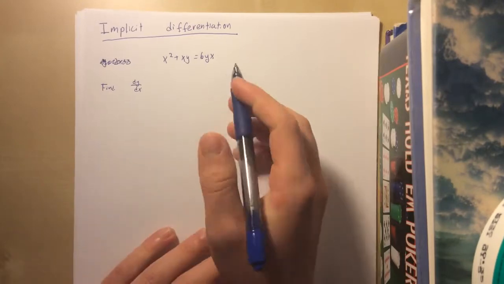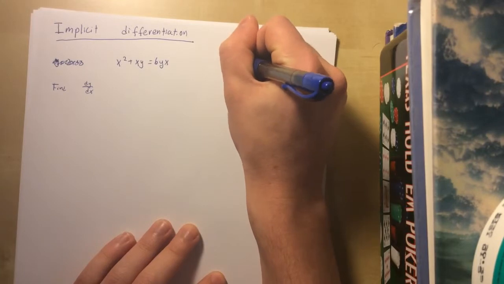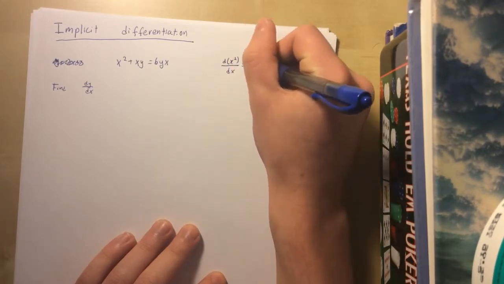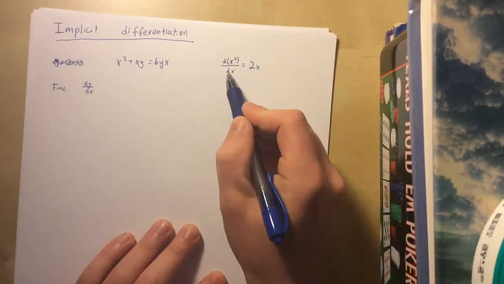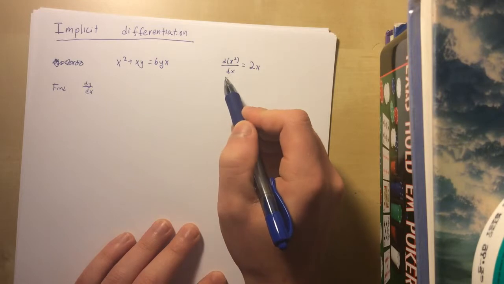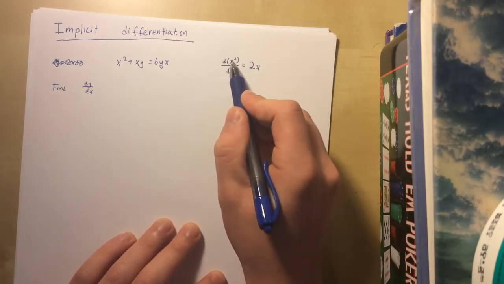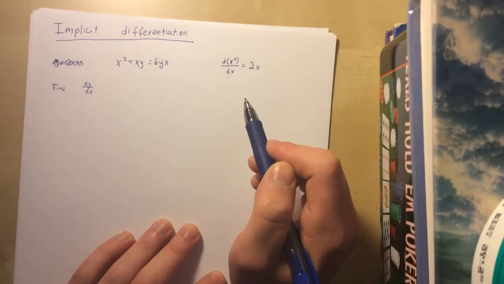Looking at this first term, we take the derivative of x squared with respect to x, and we know that's 2x. Notice that the d letter in dx is the same variable that's in the numerator. So we have an x squared and we have a dx.